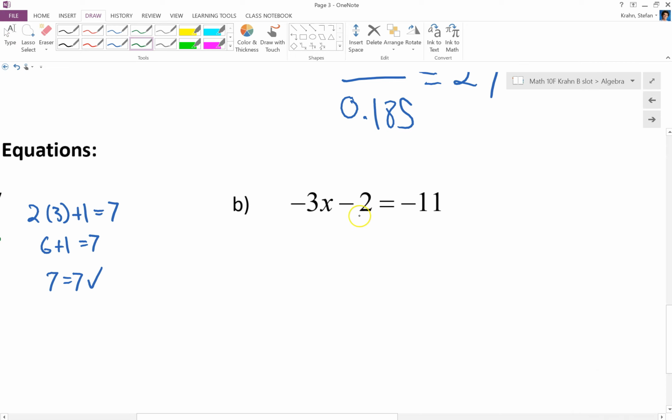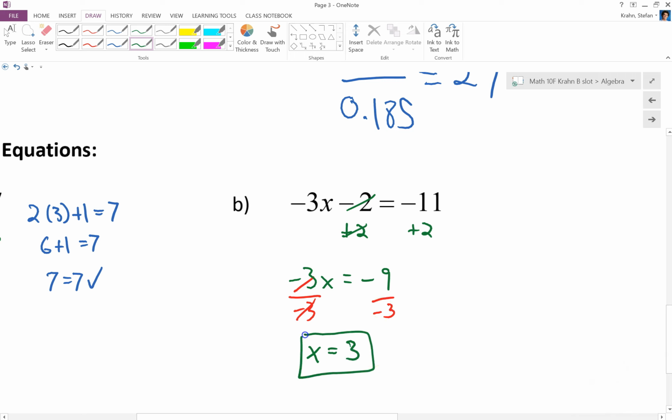Here I'm going to deal with this minus 2 by adding 2 to both sides. That'll cancel, and I'll have minus 3x is equal to negative 9. Then I will divide both by minus 3, and I will have x equals, a negative divided by a negative will give me a positive, x equals 3.